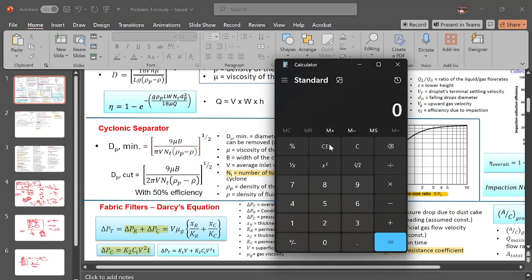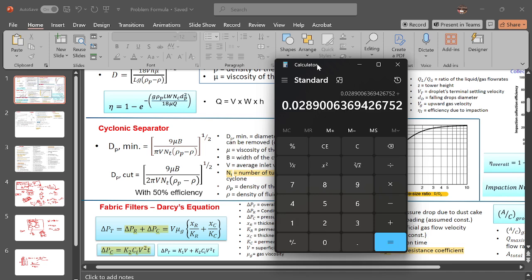Take the calculator: 9 into mu, the viscosity of the air, which is 0.0748, into B, the inlet width, which is given as 0.2 meter or 20 centimeter, divided by 2 divided by pi 3.14 divided by V, the velocity, which is 10 meter per second.